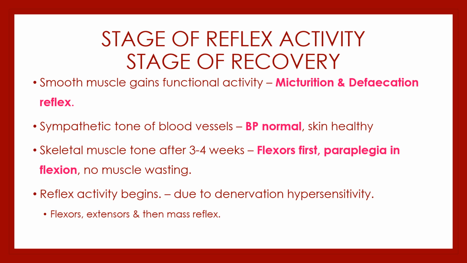The tone of the flexor muscles returns first, and the flexors become less hypertonic than the extensors. So here is paraplegia in flexion. Both the lower limbs will be in the state of flexion.